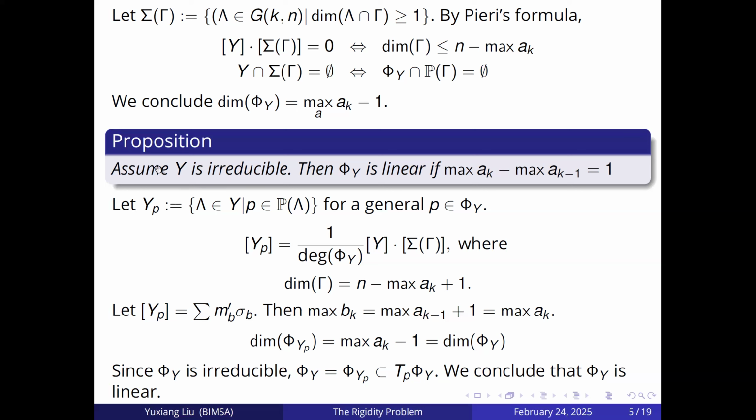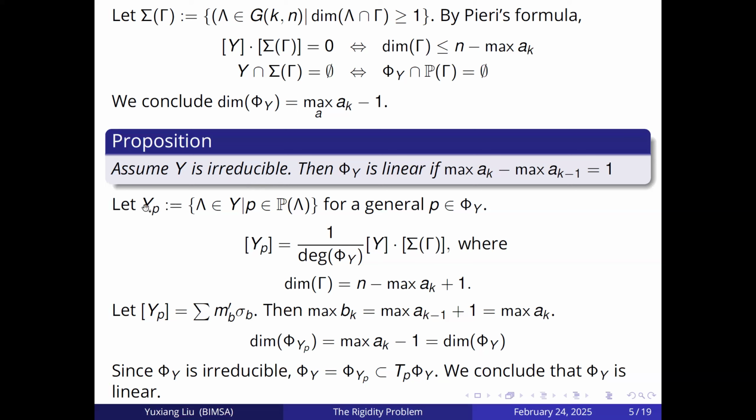Also, by assumption, our Y is irreducible, and therefore this fiber is also irreducible by the fiber dimension theorem. And thus we can conclude the equality phi Y equals phi Y_p.